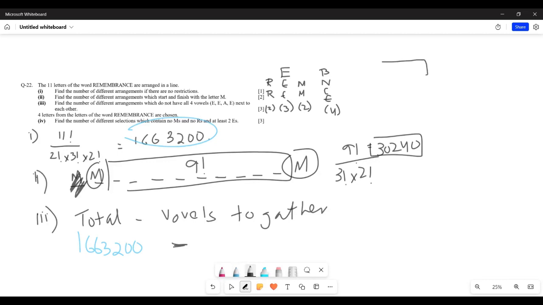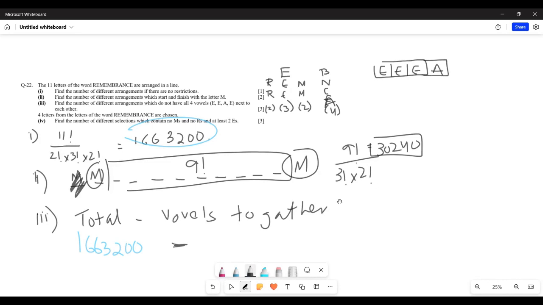Let's pack the vowels together in a group. So it's going to be E, E, E, and then this A. Okay, so there's A, another vowel.